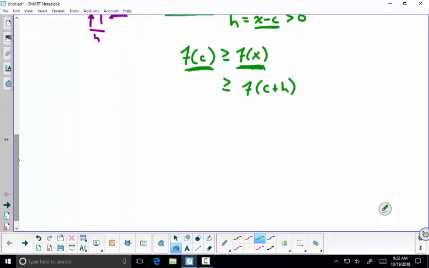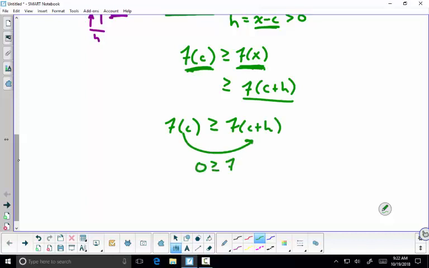So let's go ahead and take this expression and subtract f of c plus h over to the other side, so we get that 0 is greater than or equal to f of c plus h minus f of c.